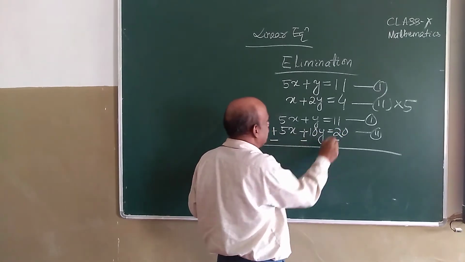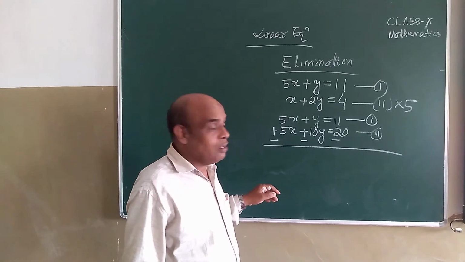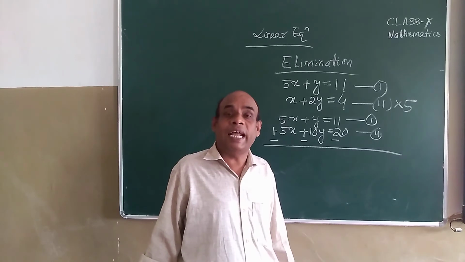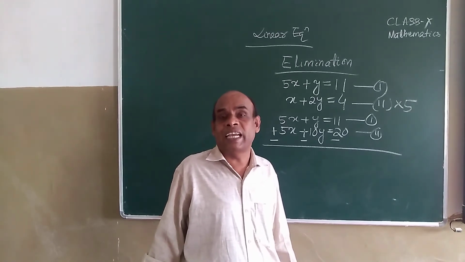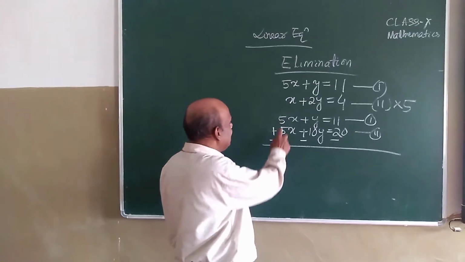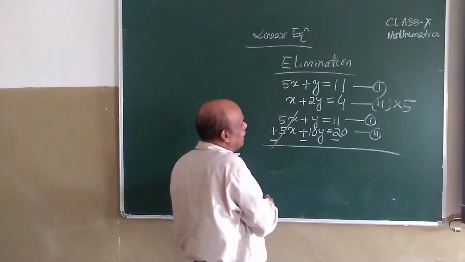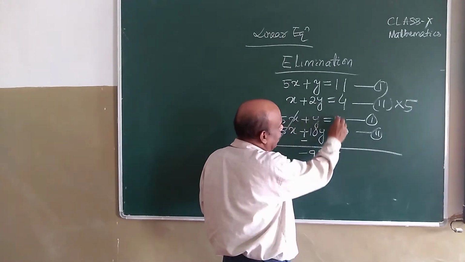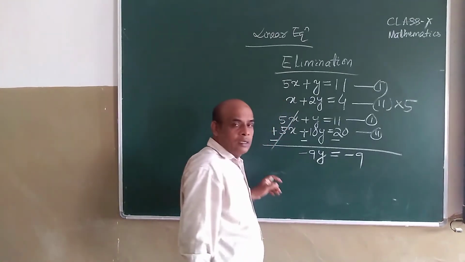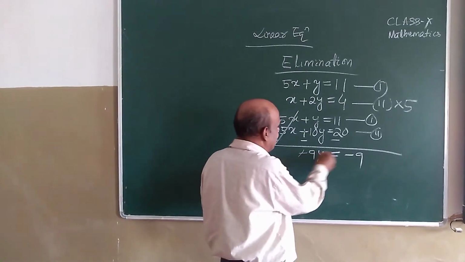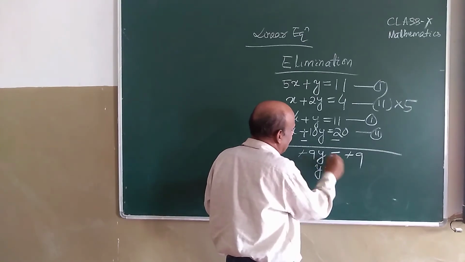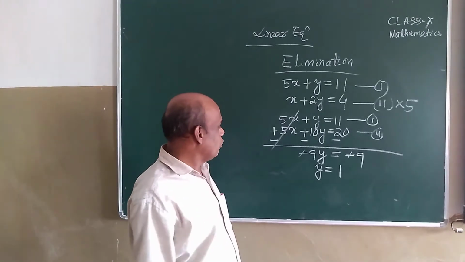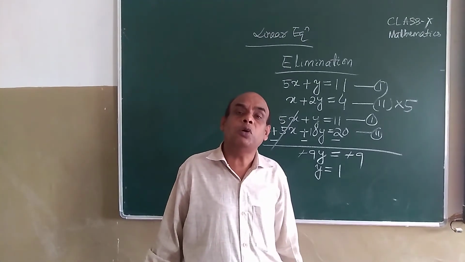You have to remember that the term being subtracted has its sign changed. So now 5x minus 5x cancels, and 1y minus 10y is minus 9y, is equal to minus 9. The minus signs cancel, so y is equal to 9 by 9, that is 1.